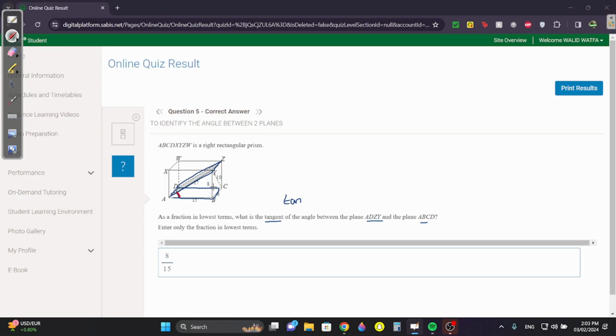They want the tan, so the opposite side, which is 8, over the adjacent side, which is 15, because tan is opposite over adjacent. So it's going to be 8 over 15. That's literally it. Question 6.